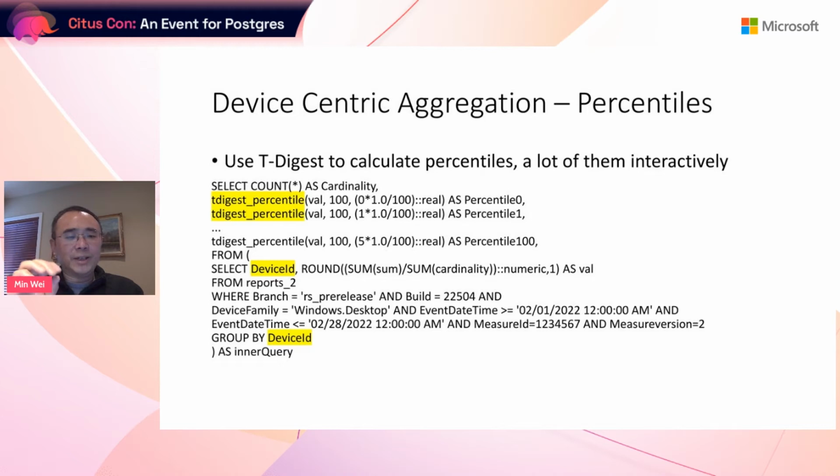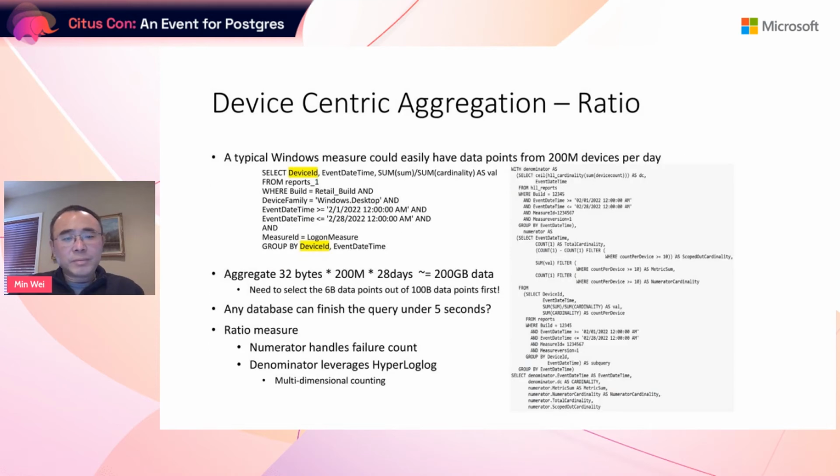It's called a T-digest, used to calculate the percentiles. There is also magic under the cover: it's built into Citus how to do the percentile, or T-digest, merge in a distributed MapReduce fashion. Now I'm going to show another query.